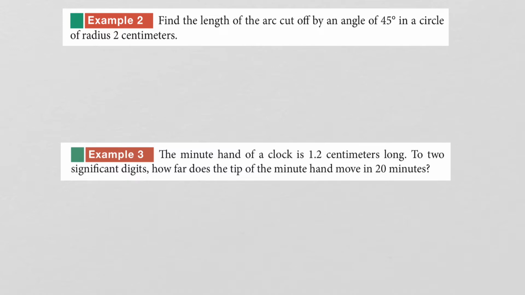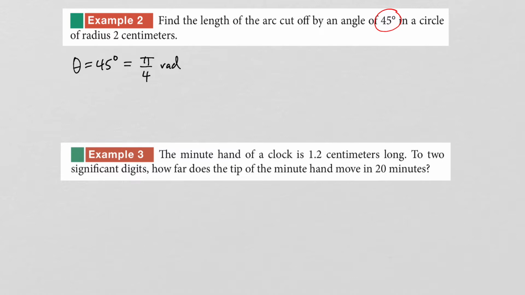Okay, so the key point here is we cannot use 45 degrees. So our angle theta, which is 45 degrees, needs to be converted into radians. Now 45 degrees is a special angle. So 45 degrees we should know is equal to pi over 4 radians, right?